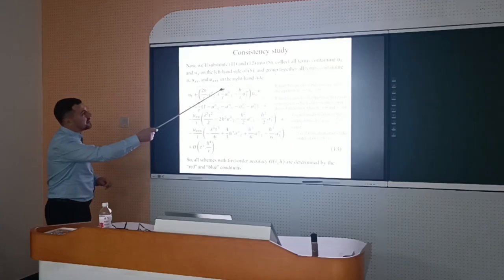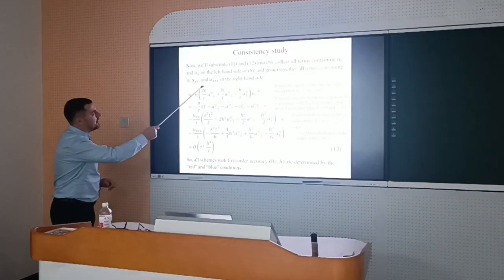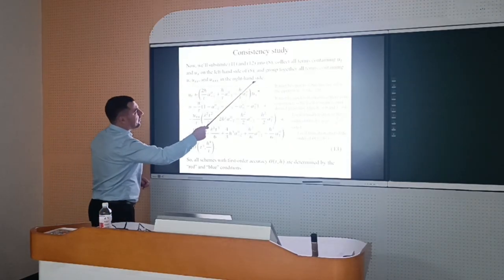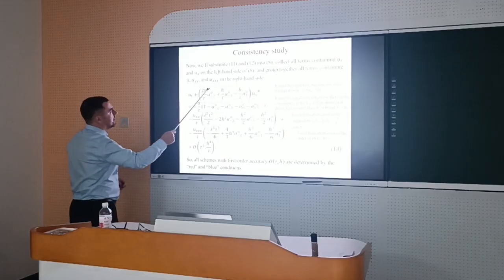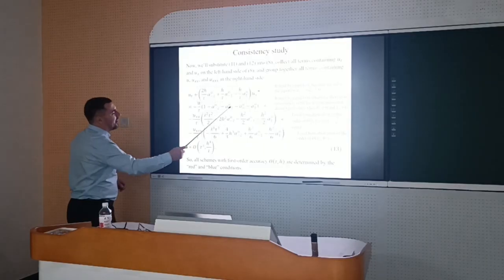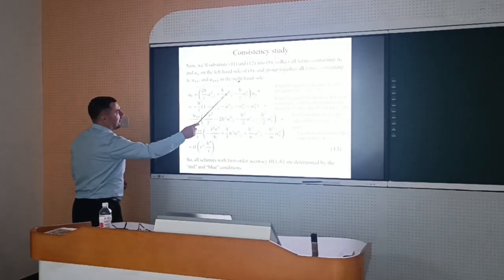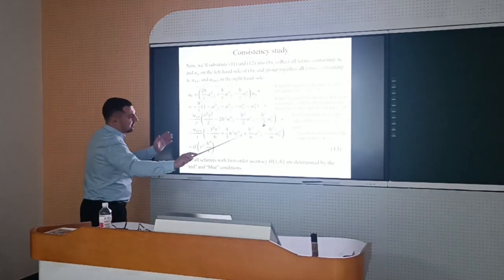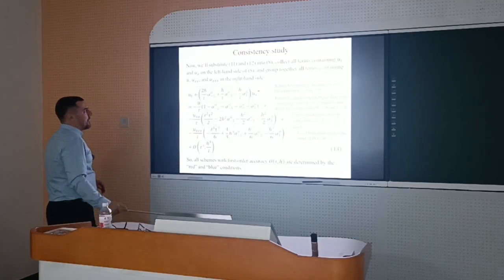Then collect all terms containing u_t and u_x on the left hand side, and group together all terms containing u_xx and u_xxx on the right hand side. So we organize our equation here, and the rest of the terms are on the right hand side.